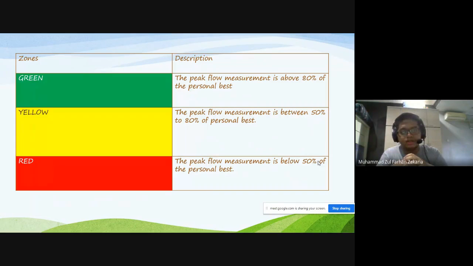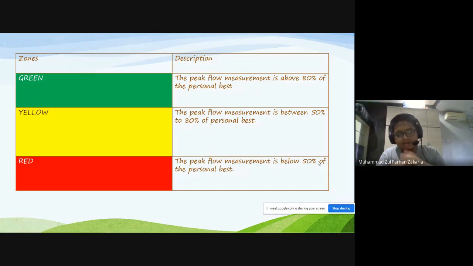like zones which indicate the reading of the peak flow meter that the patient takes, where the green zone is the peak flow measurement above 80% of the personal best, and the yellow zone is the peak flow between 50% to 80% of the personal best, and red is the peak flow measurement below 50% of the personal best.